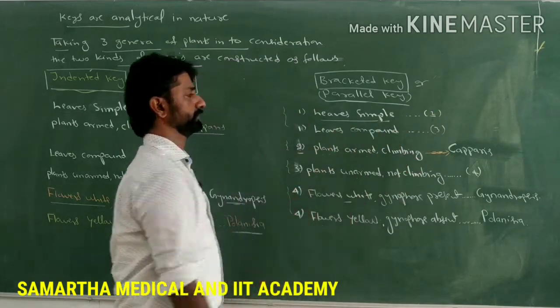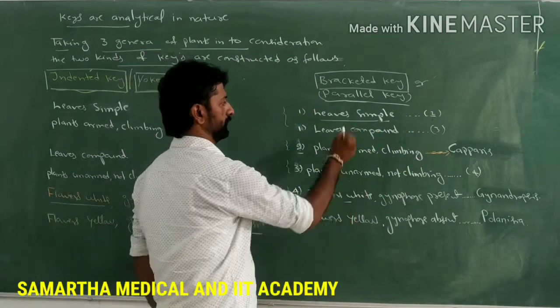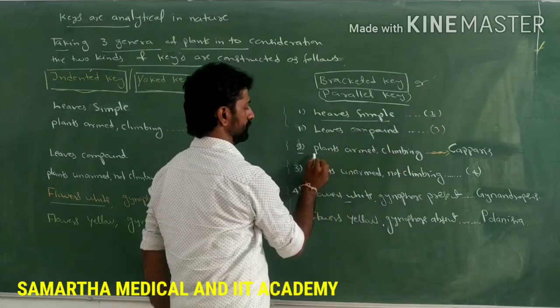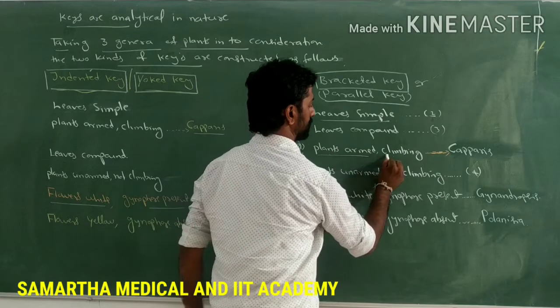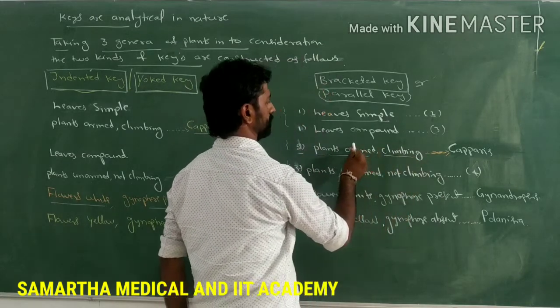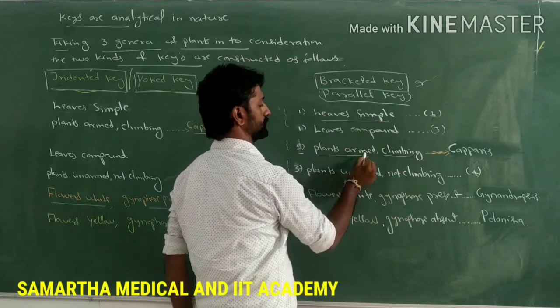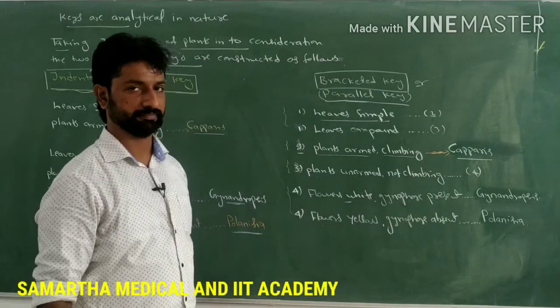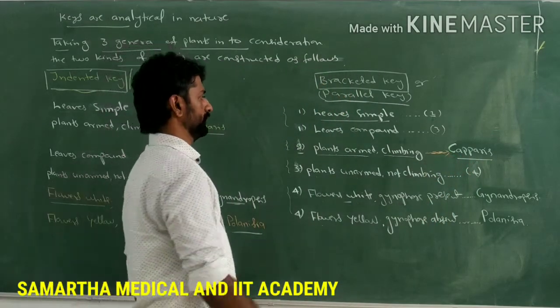What does the second one say here? Plants are armed and climbing. Then what does it refer to? If leaves are simple, plants armed and climbing, it refers to the genus Capparis. Right? Among these two you have selected one.